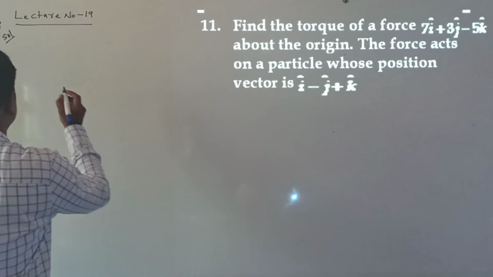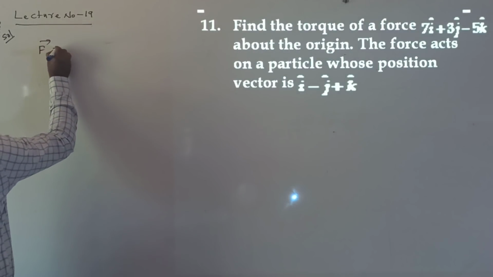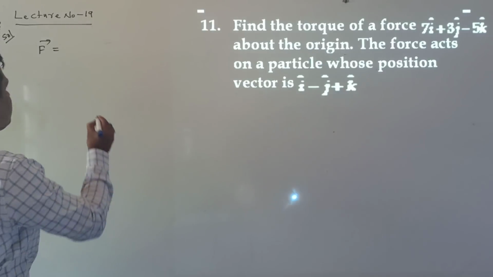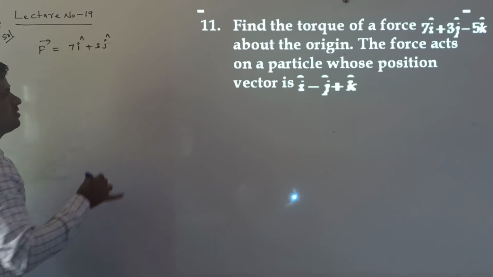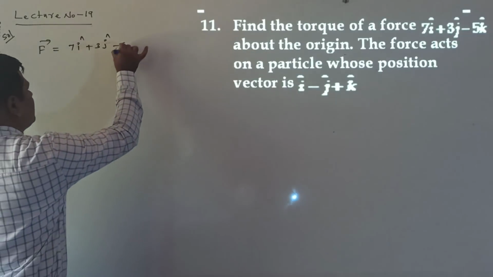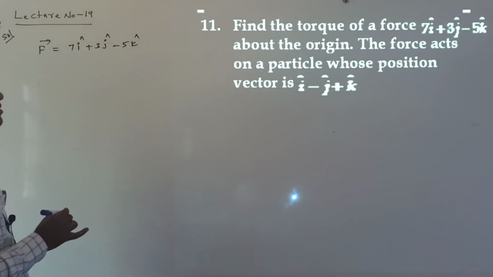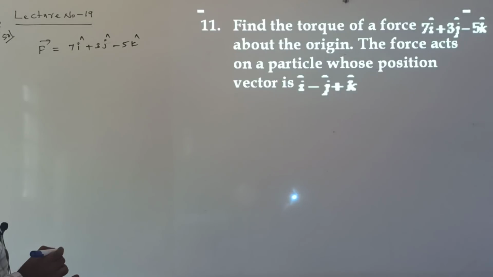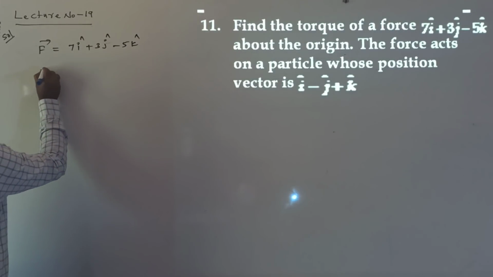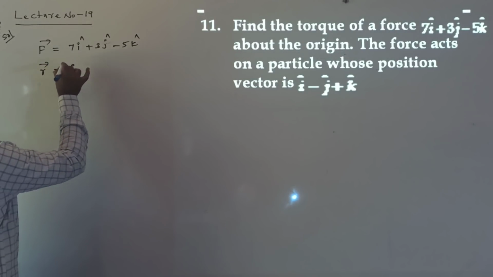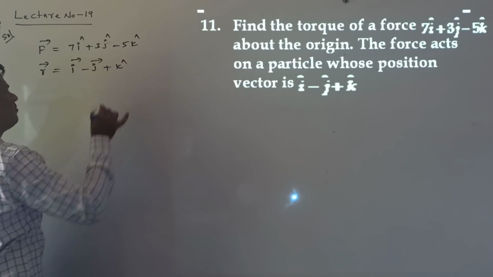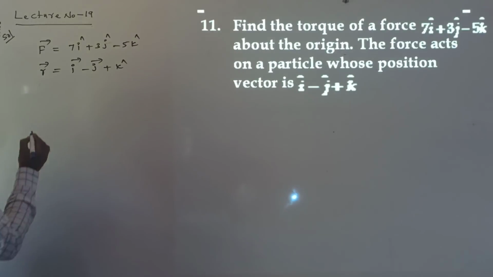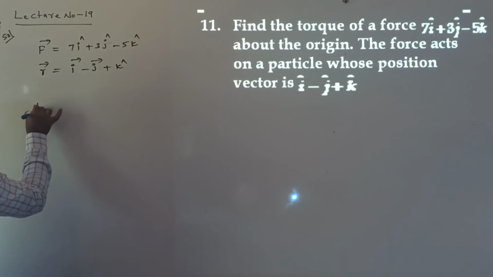The force is given as 7i cap + 3j cap - 5k cap, acting on a particle whose position vector is also given, r bar = i bar - j bar + k bar. Find the torque.